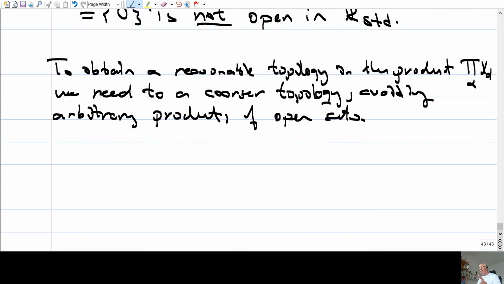We take another generalization of the product topology on the product of two spaces.